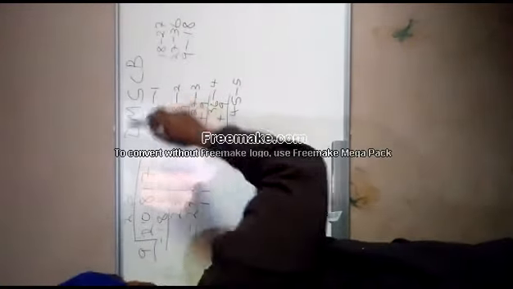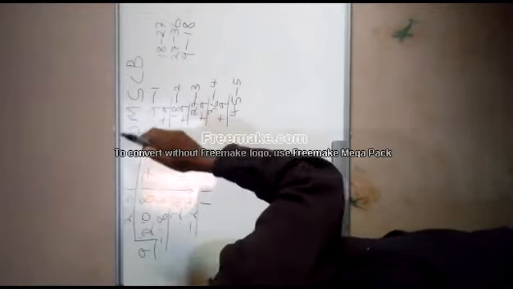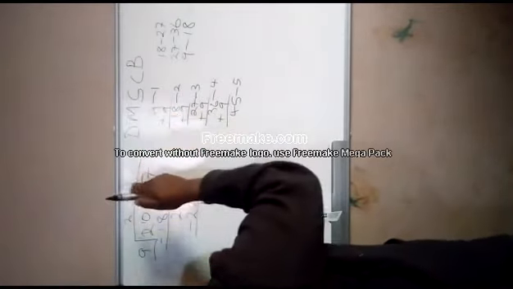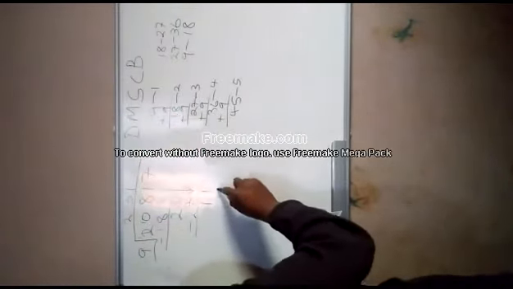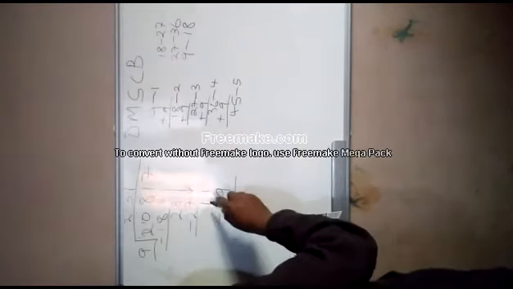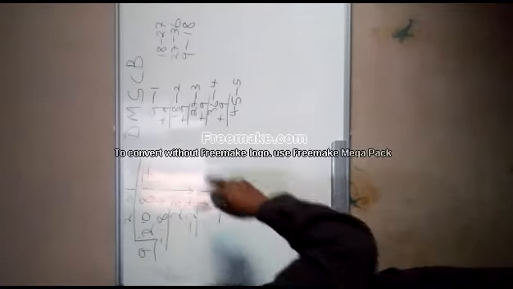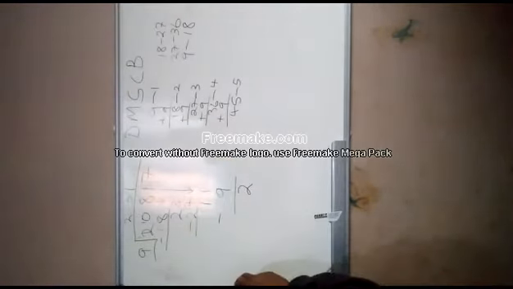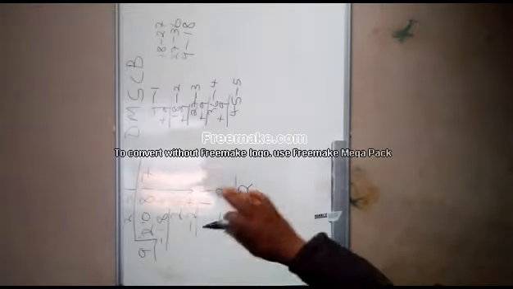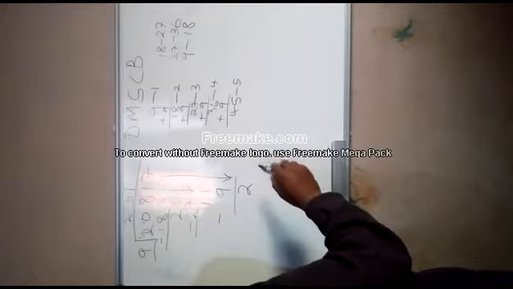How many times does 9 go into 9? It goes once. So you now multiply. 1 times 9 is 9. You now subtract. 11 minus 9 is 2. You compare. 2 is smaller than 9. Okay, it's fine.